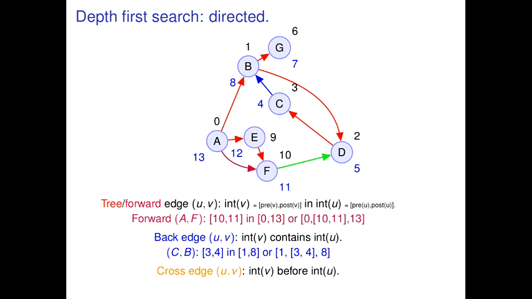It's sort of saying, why don't I need to explore this? Because I already explored it before, through a different sequence of explore calls. It's not in the tree because you're not going to explore across it, because we've already explored D. And it's not an edge to an ancestor, and it's not a forward edge. So it's just the other thing.